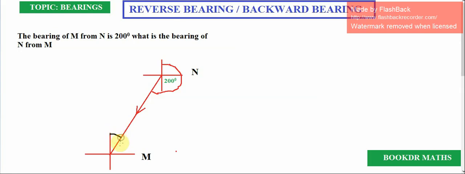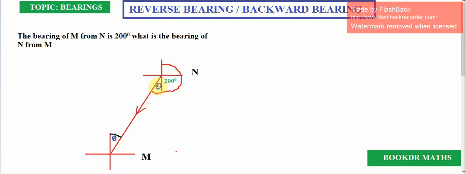Good. Because at M, we'll turn in the clockwise direction from the North Pole up to this line, and then we'll move up. So if we are looking for the angle over there, let's name that angle theta. With what we learned earlier, theta will alternate to the small angle here.